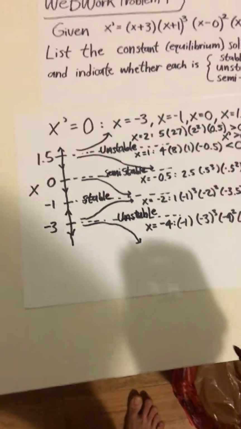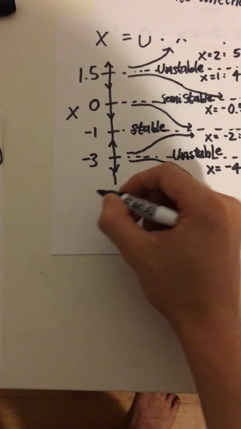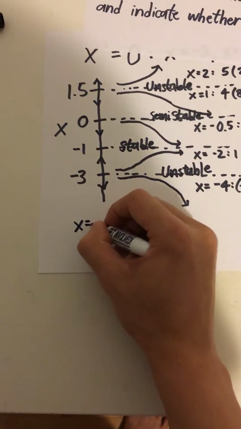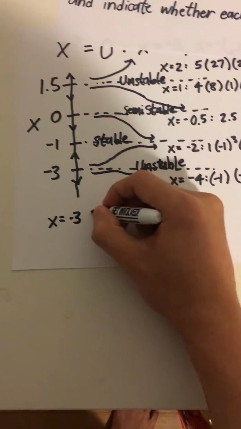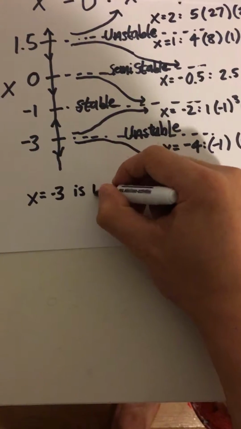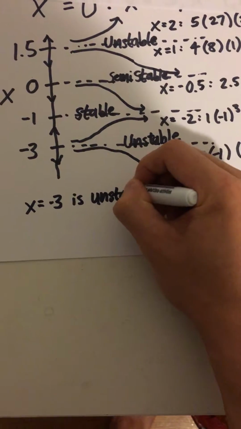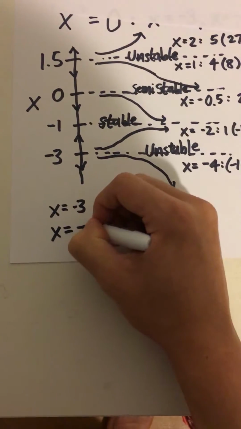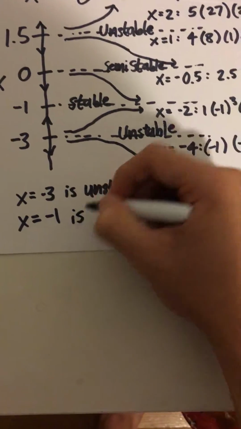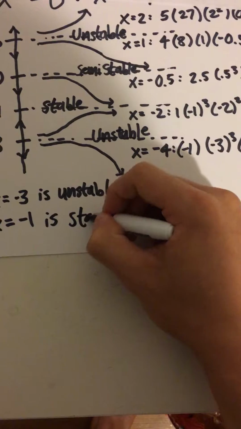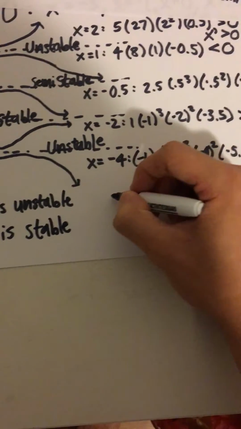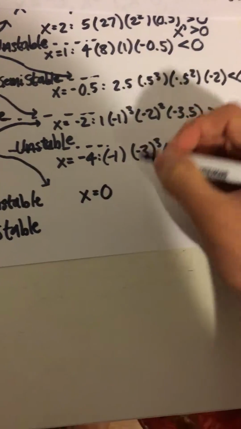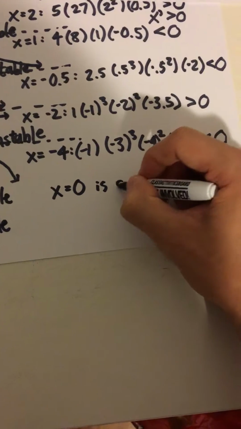So we are finally ready to state our solution. X equals -3 is unstable. X equals -1 is stable. X equals 0 is semi-stable.